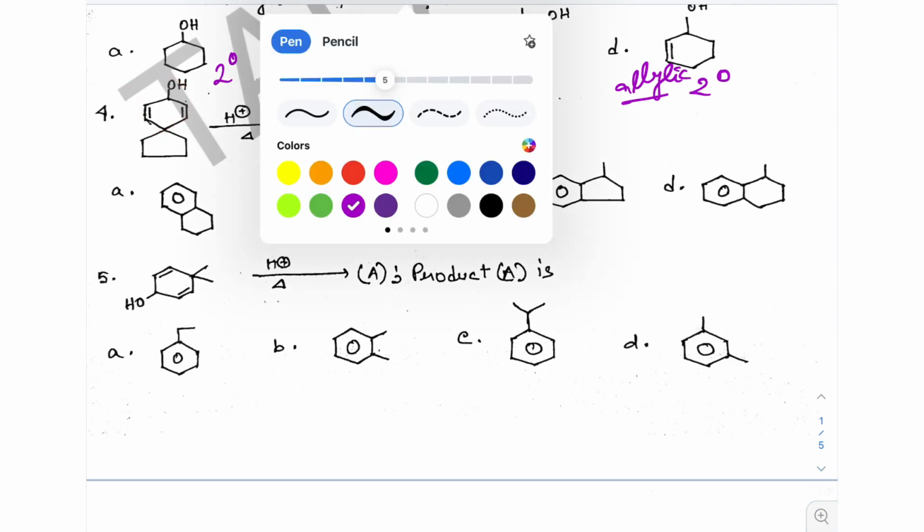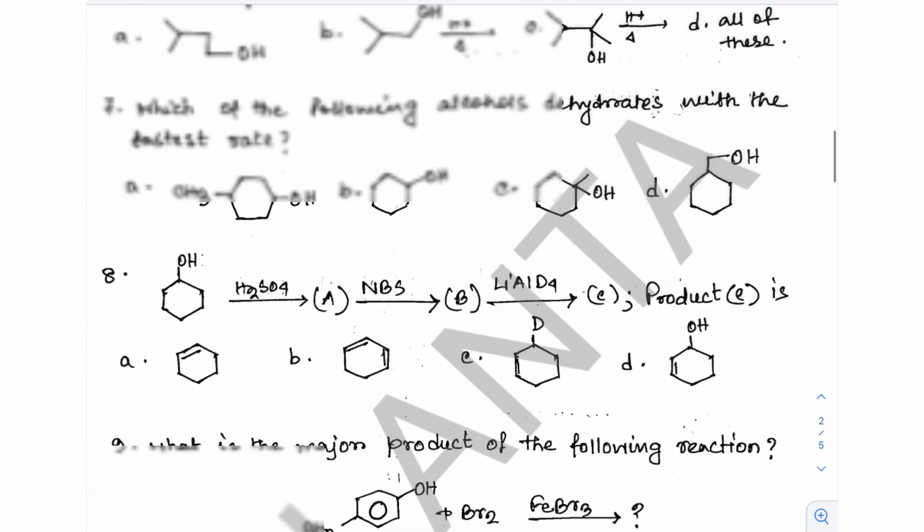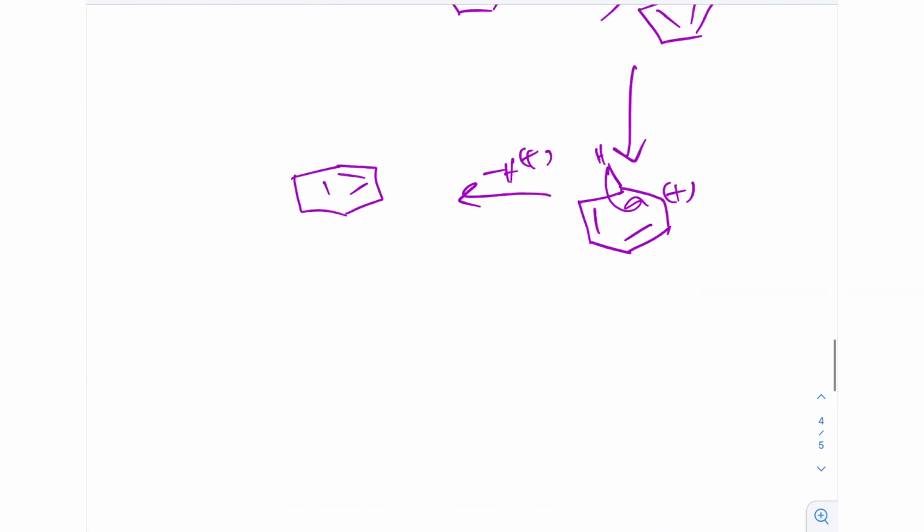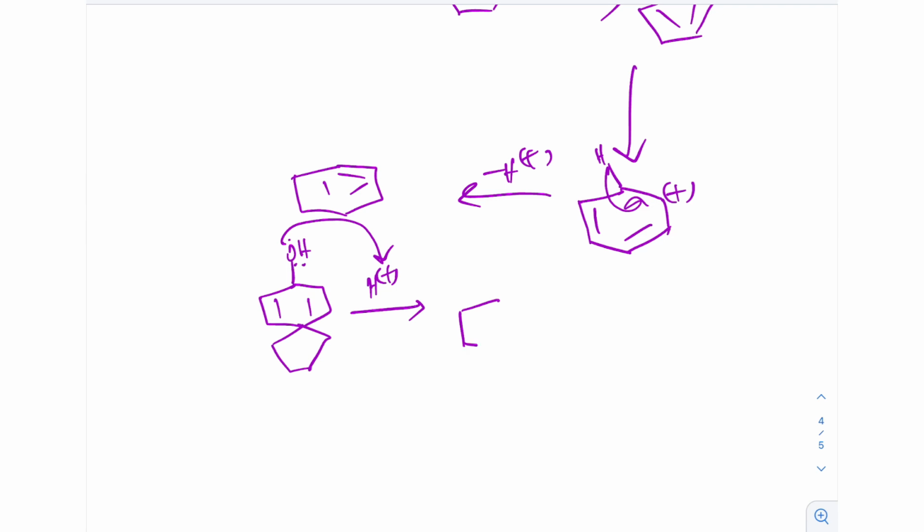So let's check the mechanism. How does it happen? This is the starting material being treated with H plus. The lone pair of oxygen is taking the H plus from the medium. So OH2 plus.